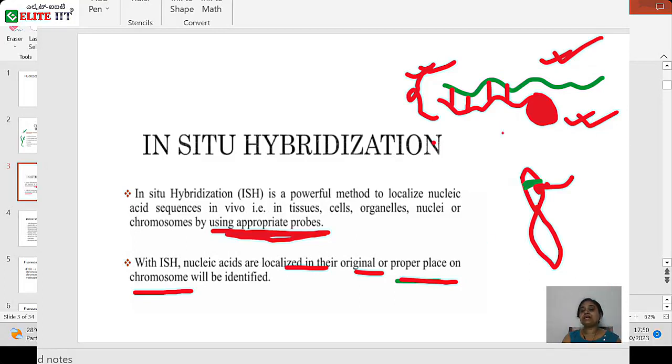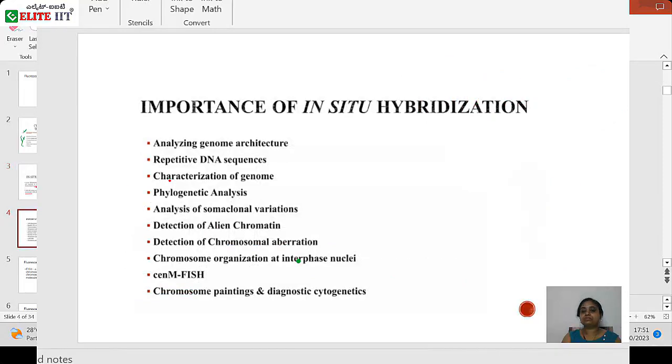But to identify the localization of any nucleic acid, very easily and within few steps, you can identify the location of the nucleic acid through the in situ hybridization technique.